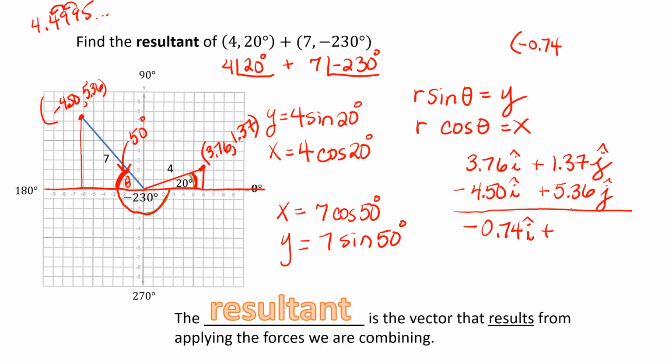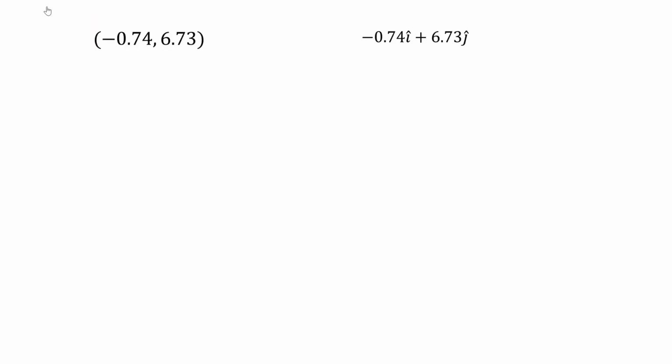So I would put that here, 6.73. That would be the new vector in rectangular coordinates, or you could write it 6.73 j hat. We got our resultant vector.